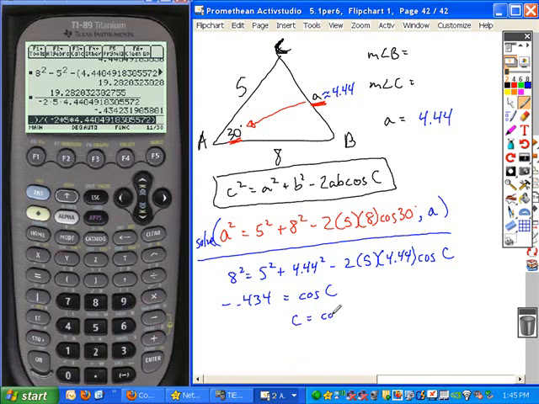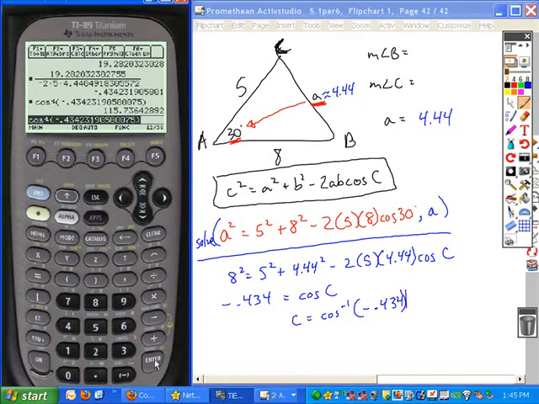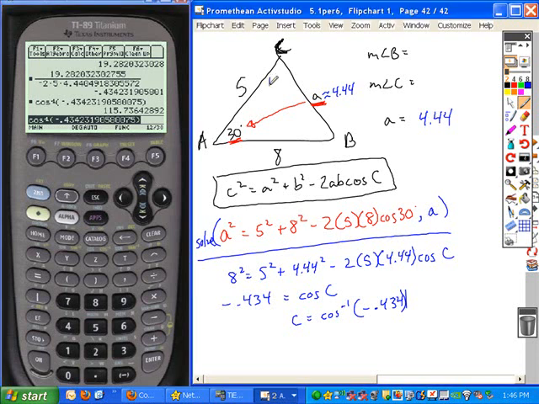So to solve for C, I'm going to take the inverse cosine of this value. And when I do that, I can just highlight it. I get my angle to be 115.7.